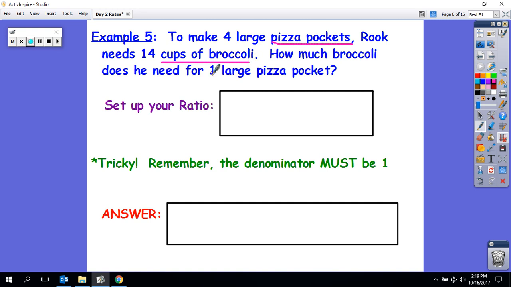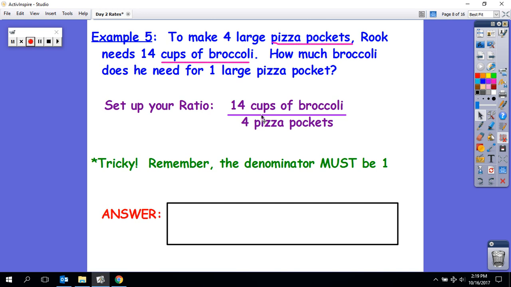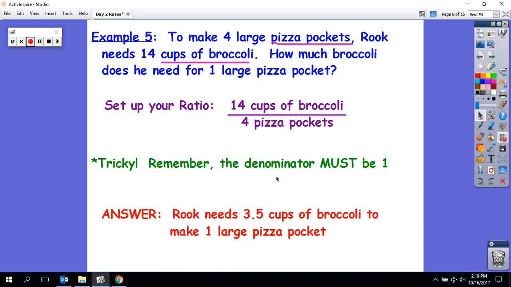We want to know 1 pizza pocket. So that's how we know that pizza pockets goes on bottom and then cups of broccoli would go on top. So we simply divide it out. And when we do, 14 divided by 4, you should get 3.5 cups of broccoli per pizza pocket. You can say 3.5 or 3 and 1/2.